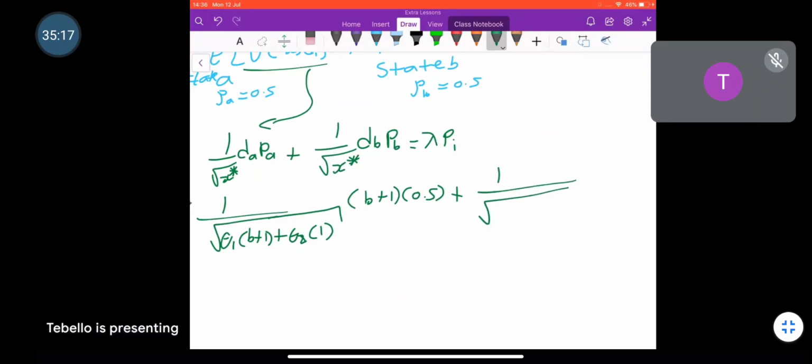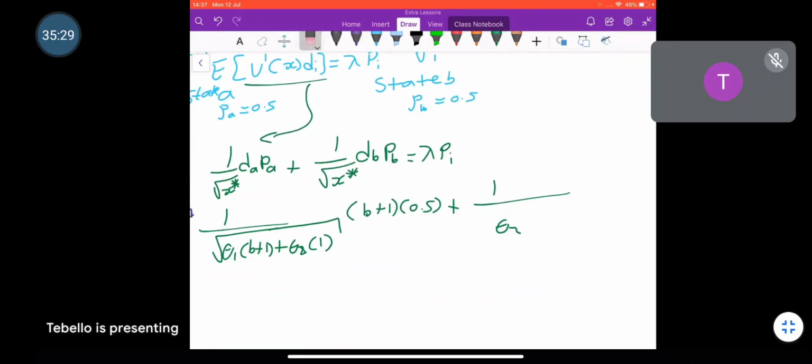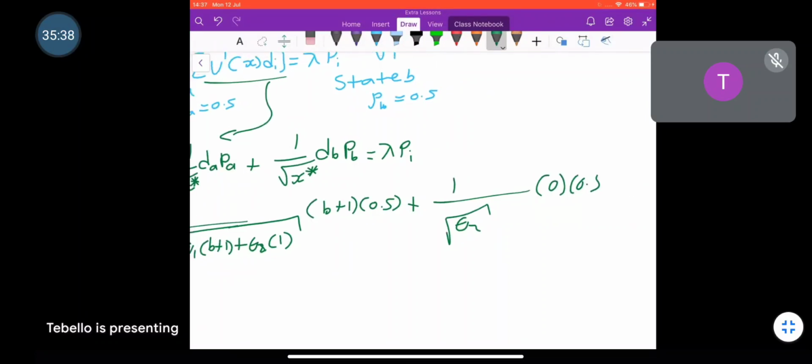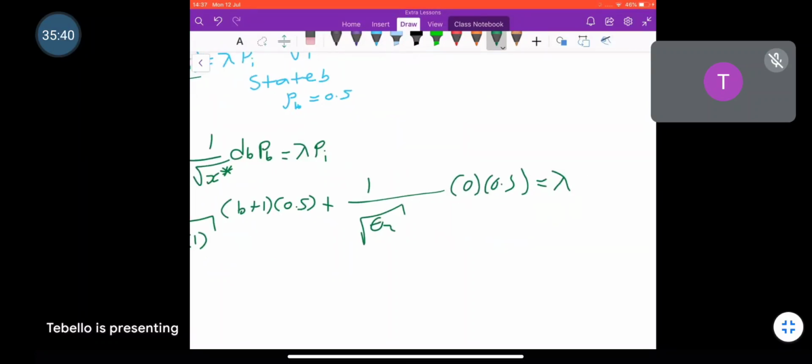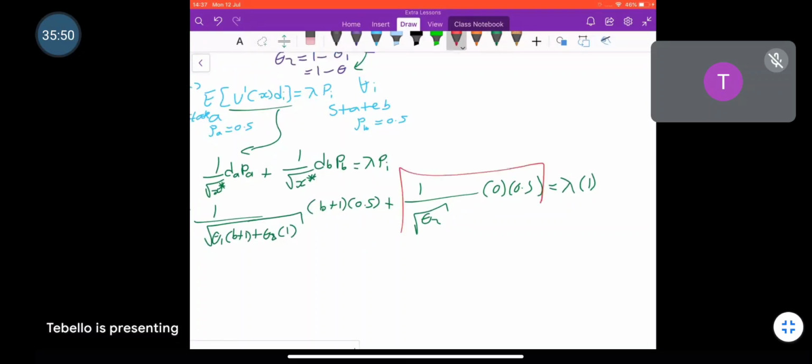The payout for this one is going to be 0 times 0.5, equals lambda, and the price for security 1 is going to be 1. So this whole thing over here is going to be 0, so there is no need to write it down.